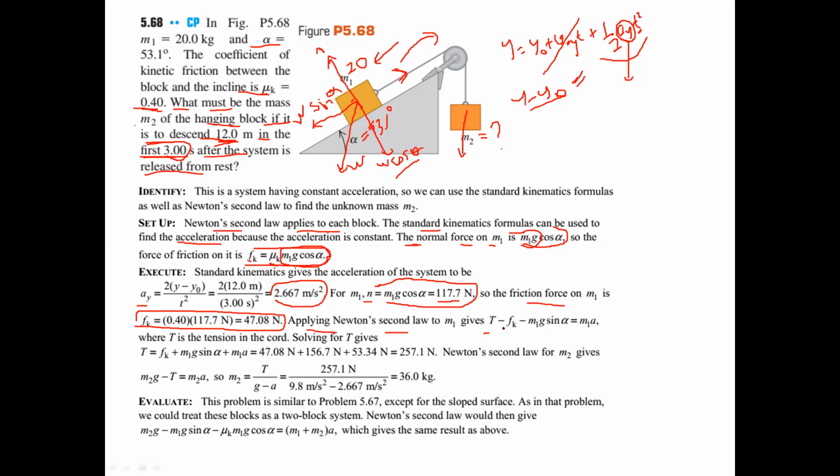So tension in the rope minus friction force minus mg sine theta, the horizontal component of the weight, will be equal to m1 times acceleration.